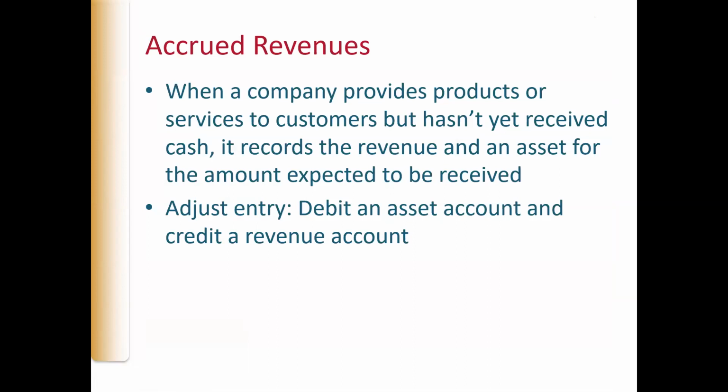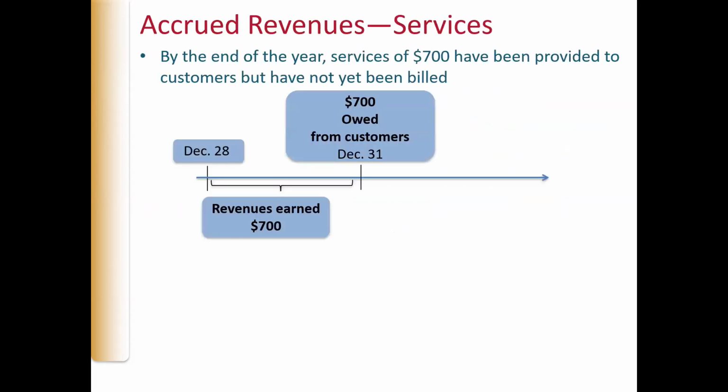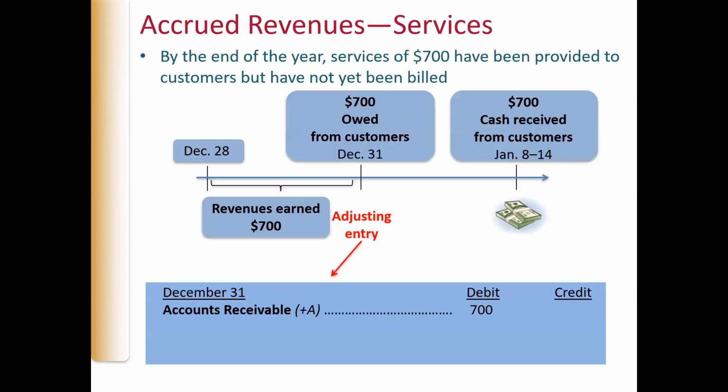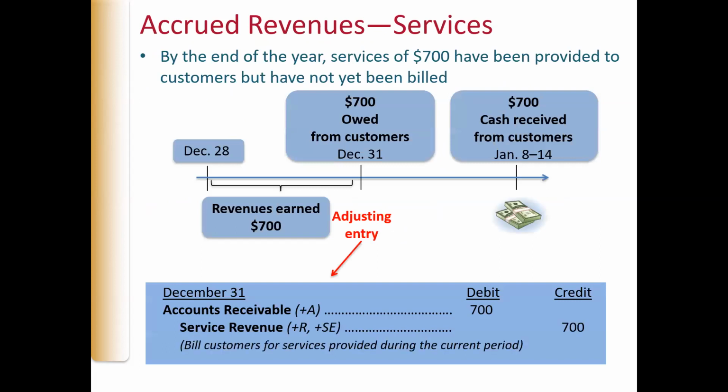Now, last one, accrued revenues are when companies provide products or services to customers but haven't yet received cash. It records the revenue and an asset for the amount expected to be received. We would debit an accounts receivable, and we would credit our service revenue.